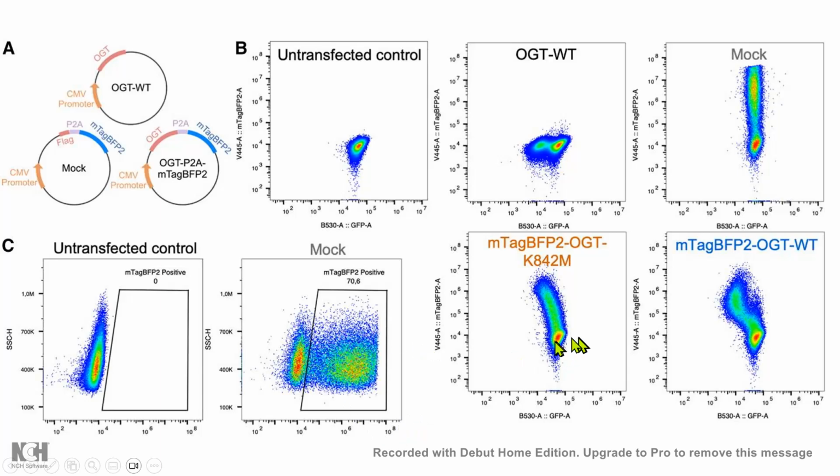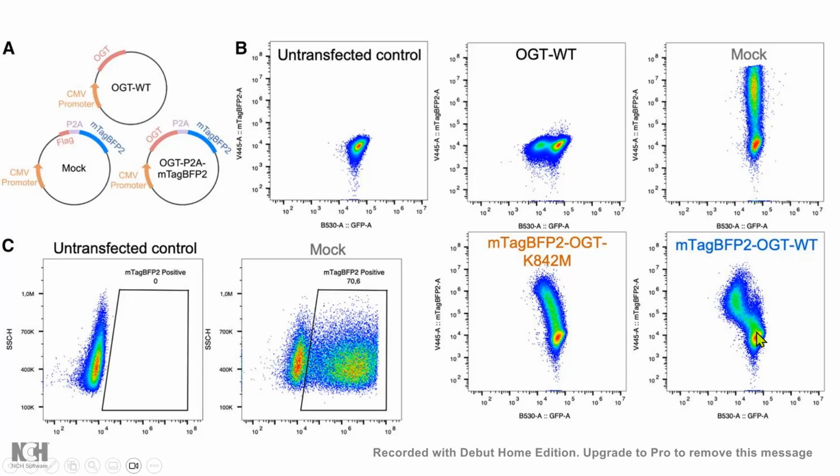Anyway, this is only looking at the GFP, and you see GFP on that axis, BFP on this axis. So you see BFP for transfection. The mock goes up because, hey, we're expressing a plasmid. While without any tag, you see a population shift and produce less OGT because there's an excess of OGT. But that's confusing because it's better to actually have a little indication of where the transfected cells are.